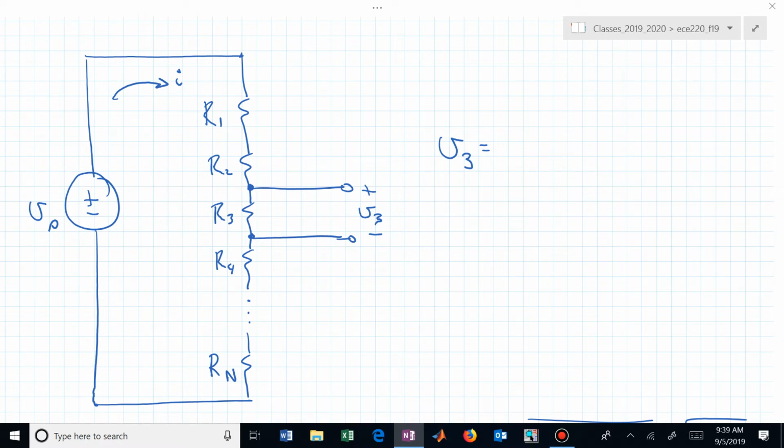Or, if you wanted to make it a little bit more compact, you would say the total resistance is the sum of all of those resistors. And if I divide that into V sub S, that gives me the current I. And to find V sub 3, Ohm's law says scale that by R sub 3.